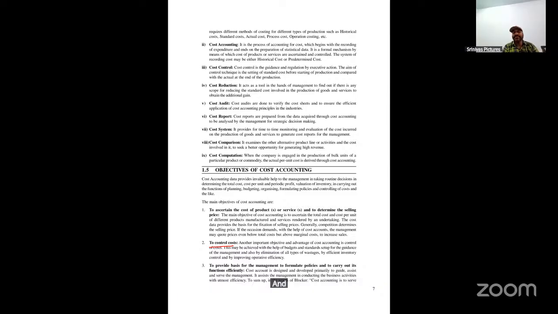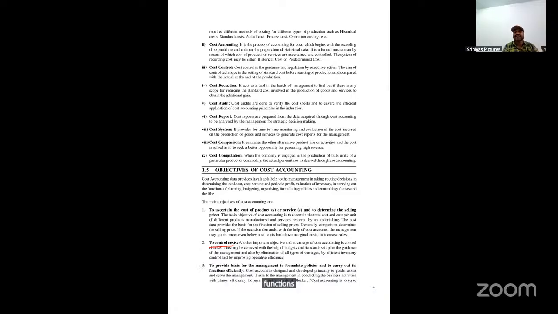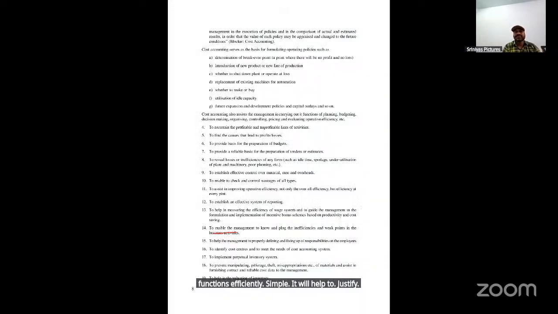And to provide the basis for management policy formulation. The objective of cost accounting is to provide the basis for management to formulate policies and carry out functions efficiently. It will help to justify cost. You can remember only three points. Cost accounting helps to know the cost of the product and to reduce the cost.